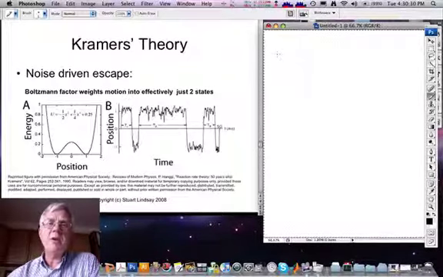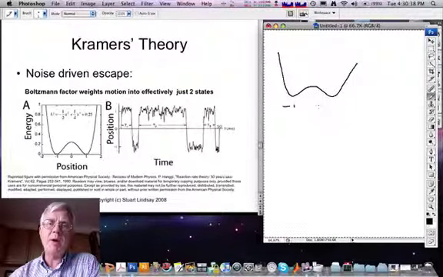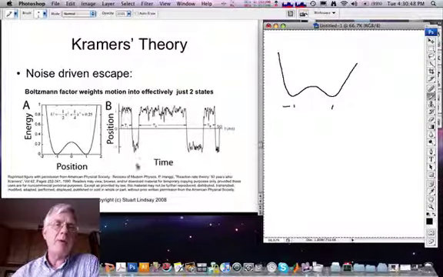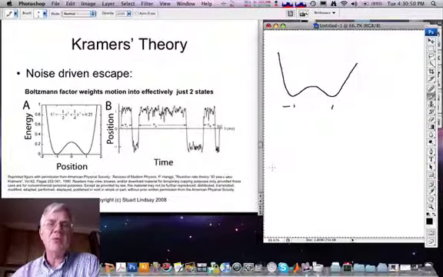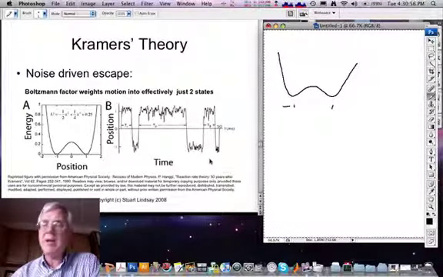So what I'm showing you here is actually a simulation for a quartic potential, so each of the minima are the same here, with positions at -1 and 1 on this figure. And the panel on the right shows the occupancy of the particle, either in state +1 or state -1, as a function of time. Now you notice straight away that the particle spends very little time making these transitions.